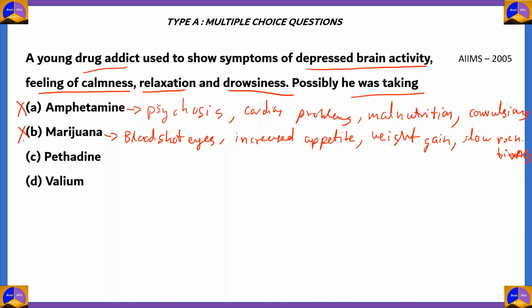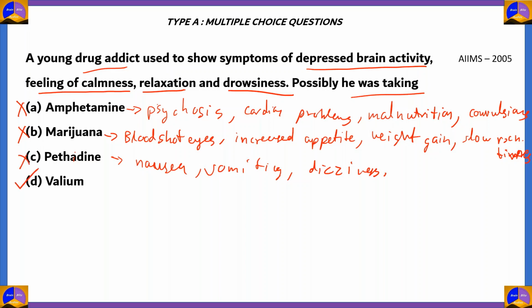What about option C, pethidine? Pethidine causes symptoms such as nausea, vomiting, dizziness, etc. It also causes constipation, which are not the actual symptoms, so option C is incorrect.